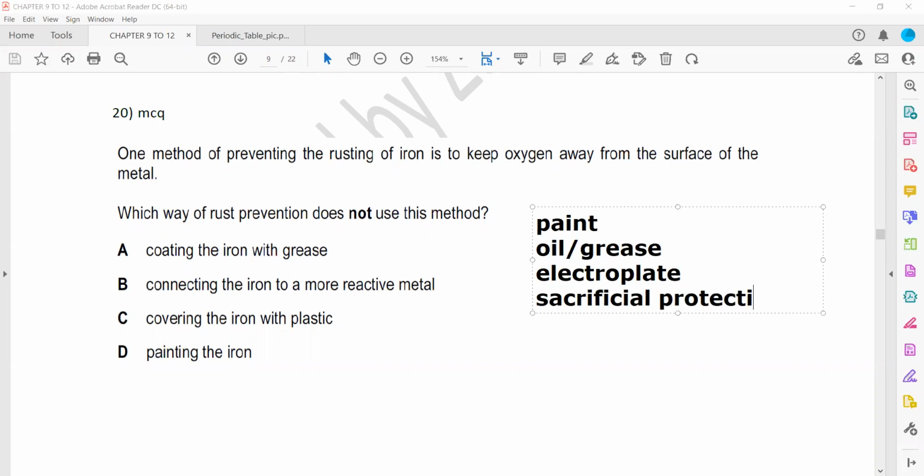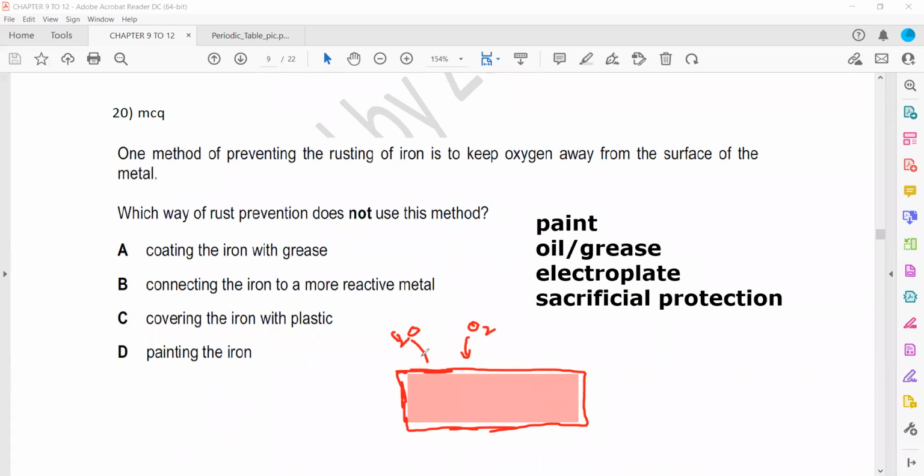These are different ways to prevent iron from rusting. So with all these methods, for example, say this is a piece of iron. If we coat the iron with grease, there is a layer of grease on the surface of iron, so that grease does not allow oxygen or water vapor to interact with iron.